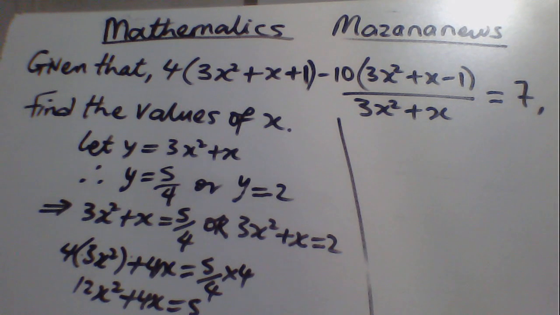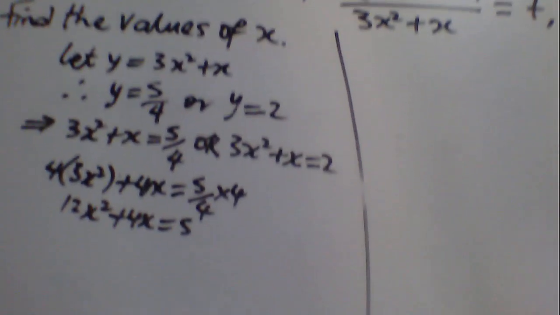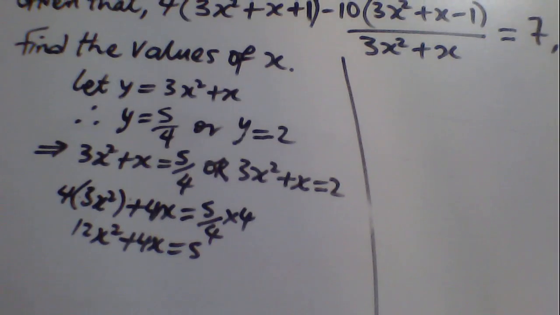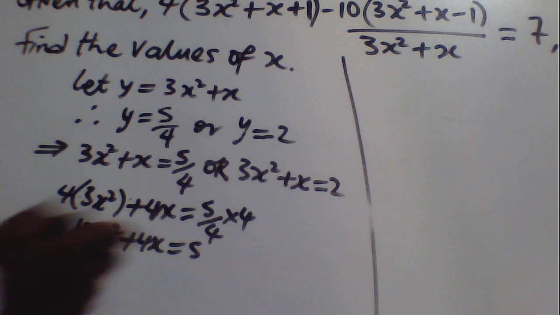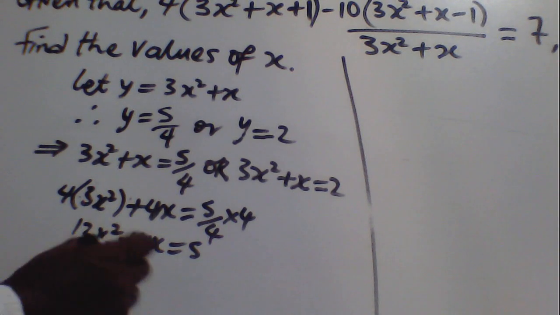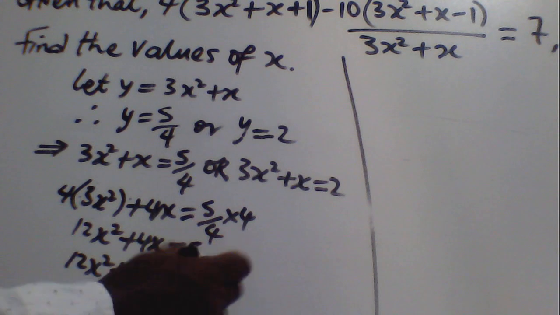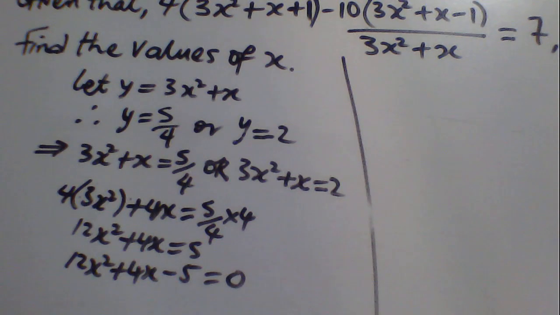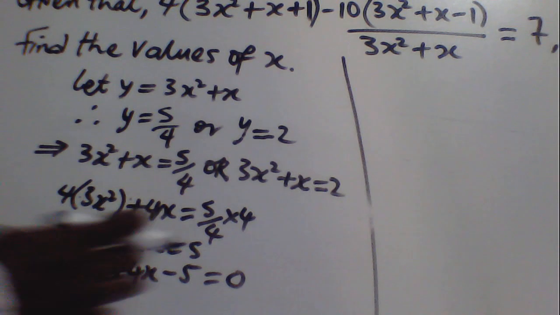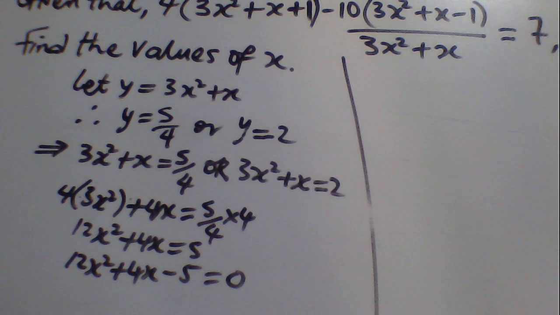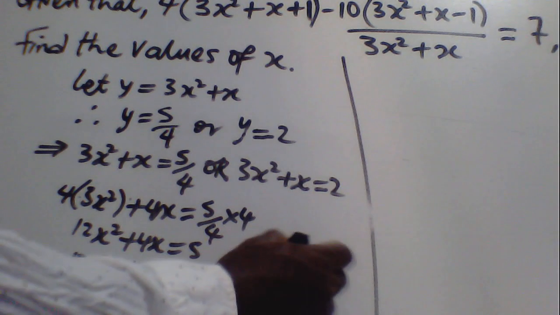From here, 5 crosses the equal sign, you have 12x squared plus 4x minus 5 is equal to 0. So from here, you have to factorize.